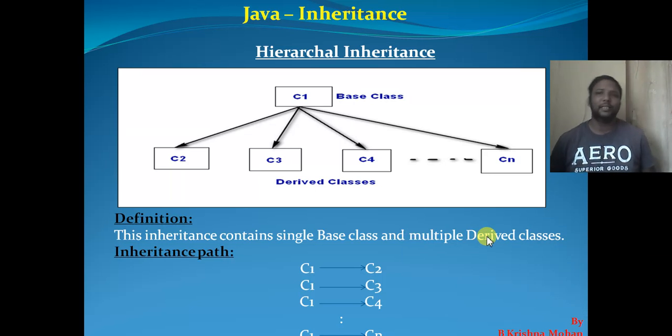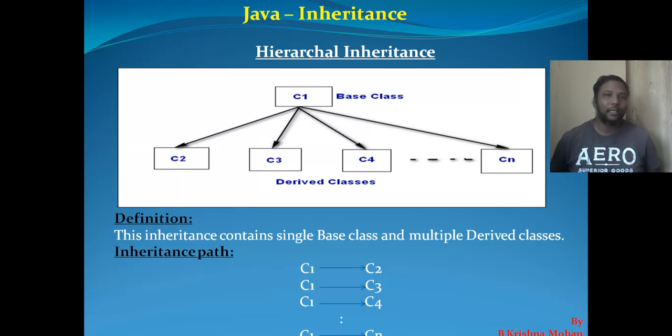In single inheritance, we have one base class and one derived class, and in multi-level inheritance there will be one base class, one derived class, and a chain of intermediate base classes.